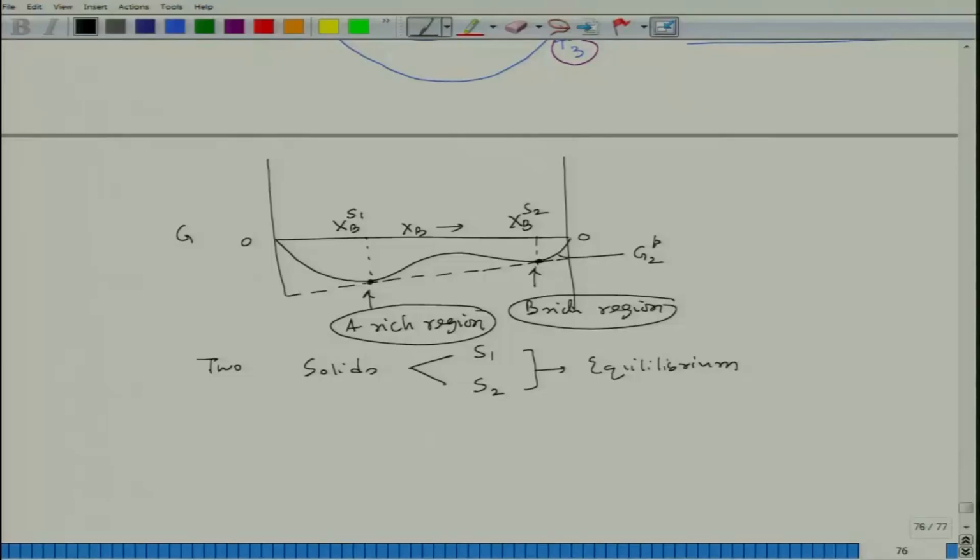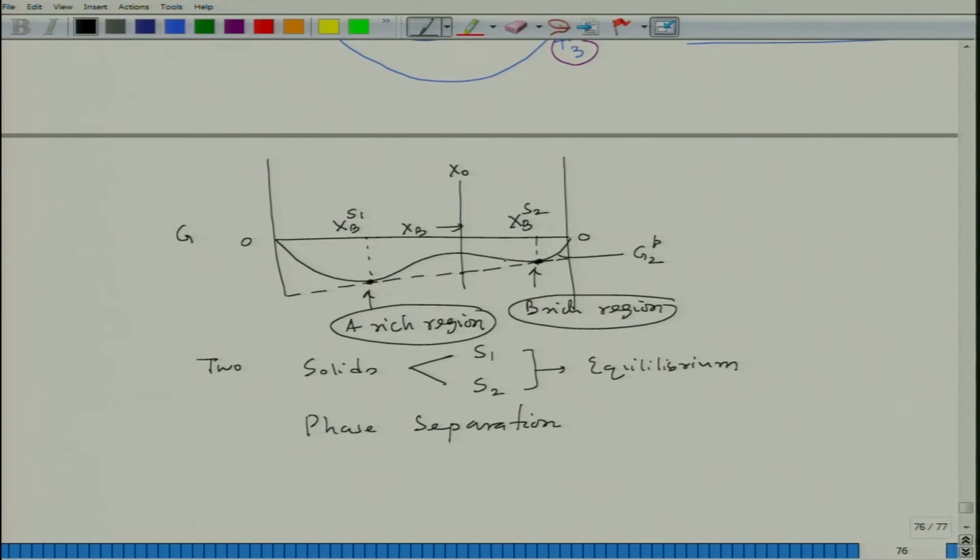And for these compositions, for example, if we try with this composition, which is X0, the initial composition, this initial composition will be distributed into these two solids of different compositions, and when these two solids form we get an equilibrium, with one solid richer in A and the other solid richer in B. So, this is called phase separation.